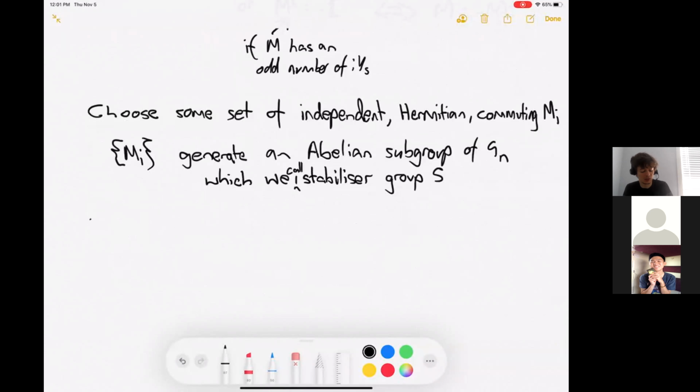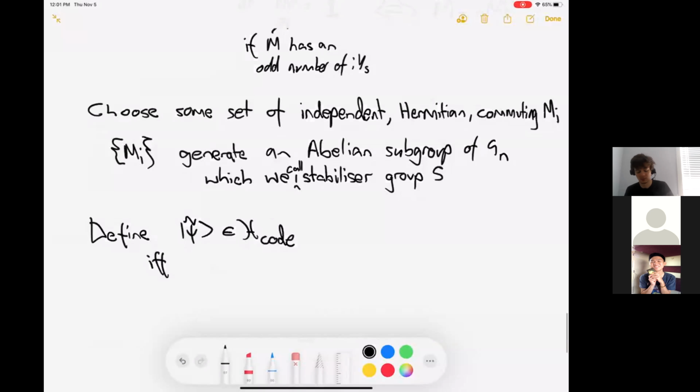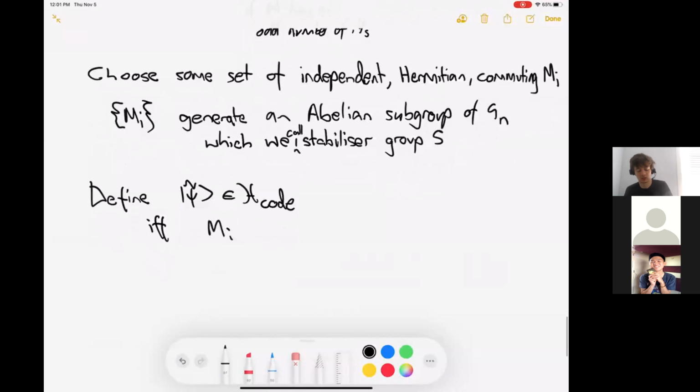Okay. So now we're going to define our code subspace. We say that a state psi tilde is in H_code if and only if Mi psi tilde is equal to psi tilde for all i.